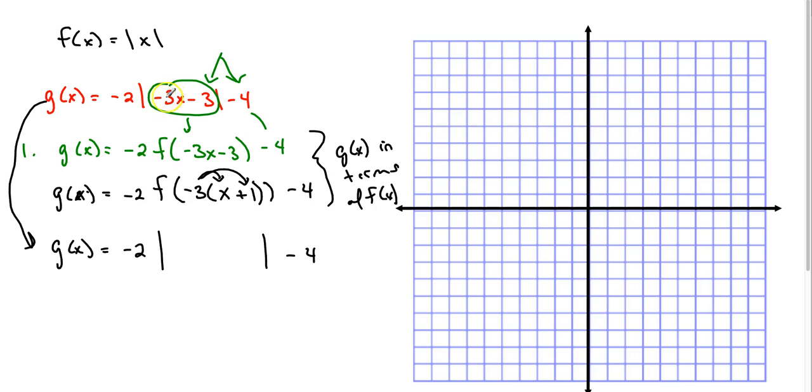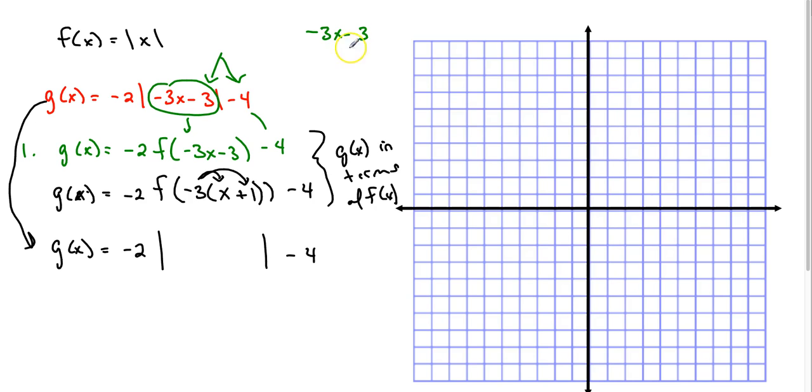So before I decide what my vertex is, what should I do with that b value to that quantity? What should I do with that b value just to make it easier to see what the vertex is? I'm going to factor out the b value from here. So this is -3x minus 3.